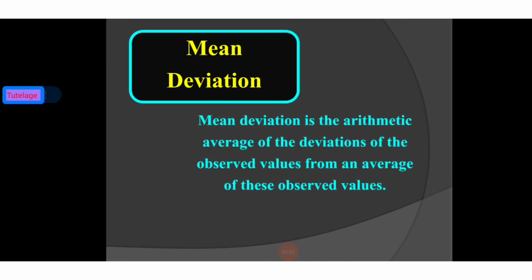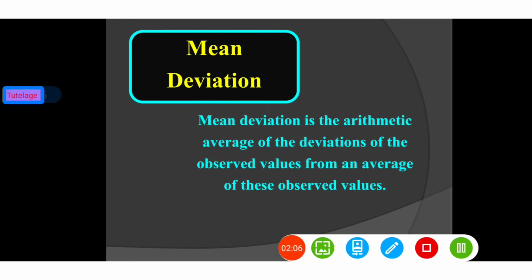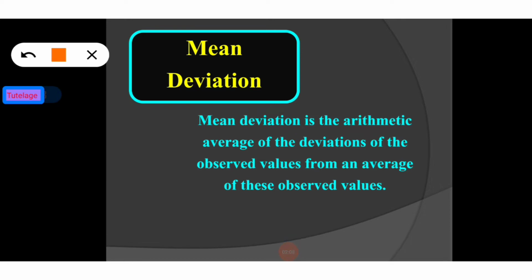Now going to the previous slide, we can see in the definition deviation of the observed values from an average of these observed values. That means x minus x bar. And how do we calculate the average?